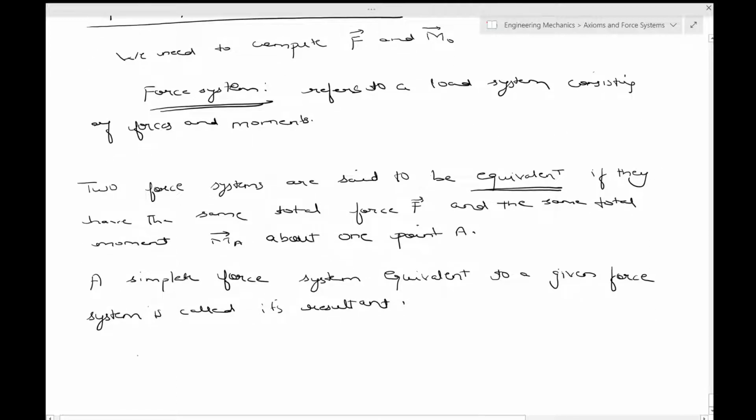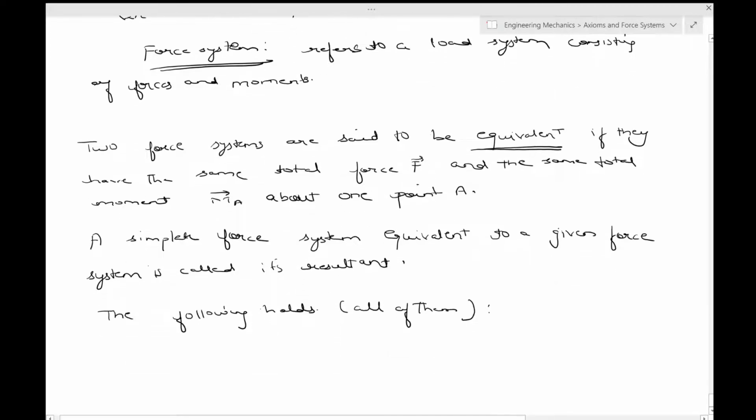Okay, so the following will hold for an equivalent force system. Or rather I should say all of the following should hold. So if you have a force system and you want to find an equivalent force system, simpler or non-simpler, that's a different issue. This must definitely hold.